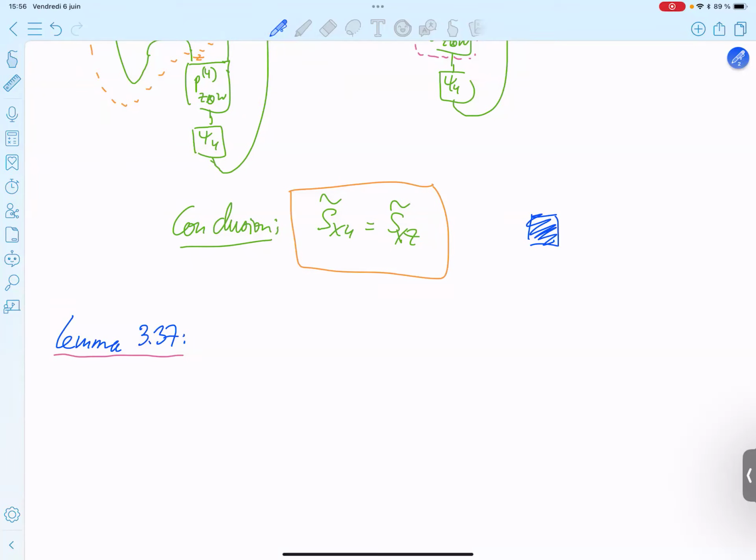So if you have two simple objects which lie in different D prime components, then their functions are orthogonal for the inner product defined before.